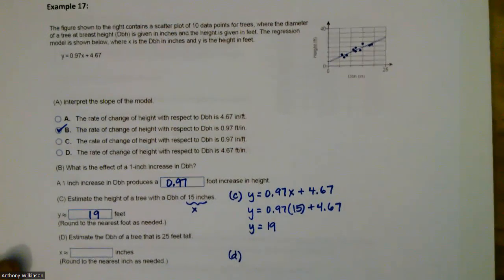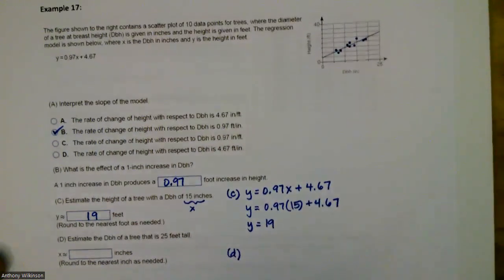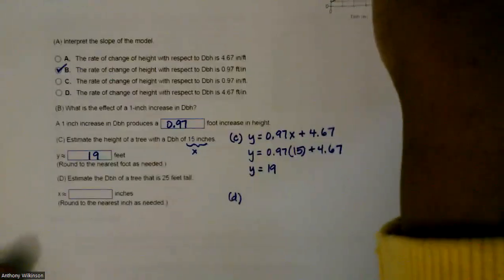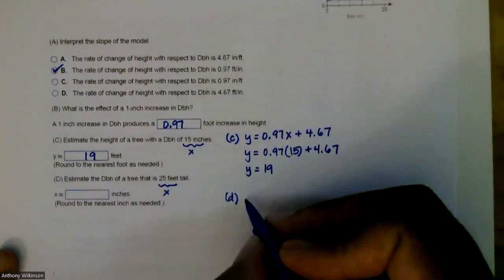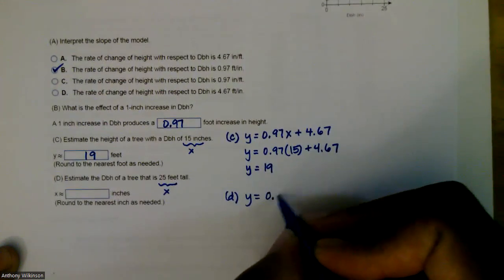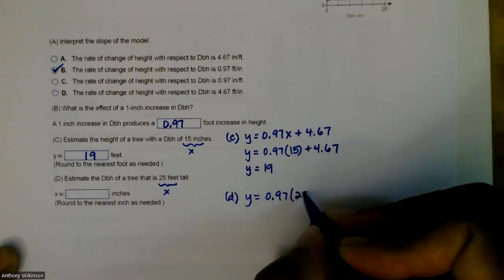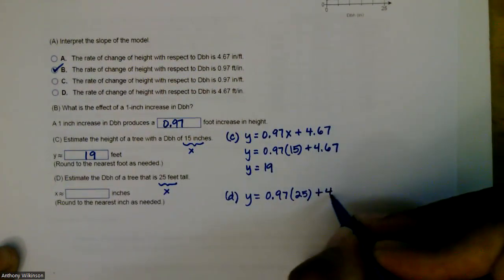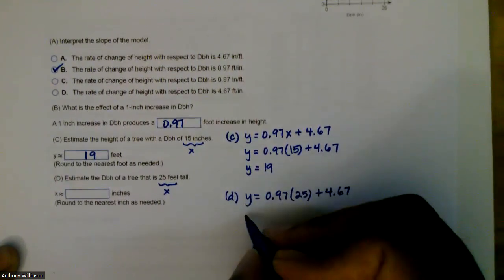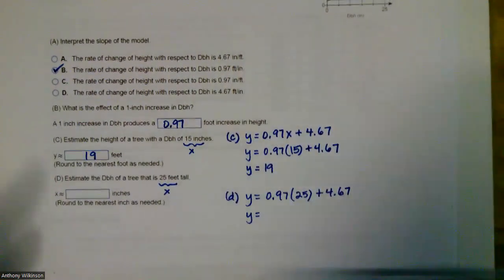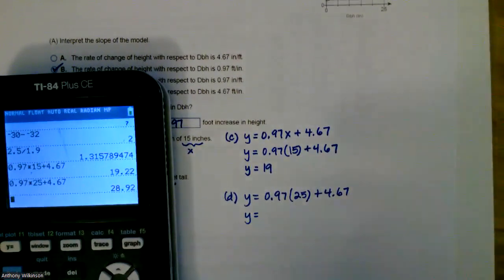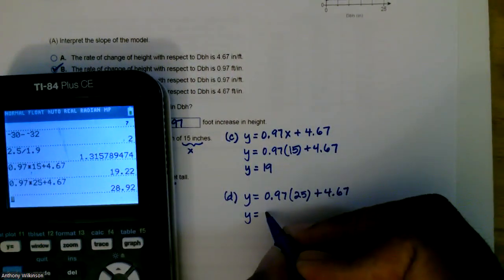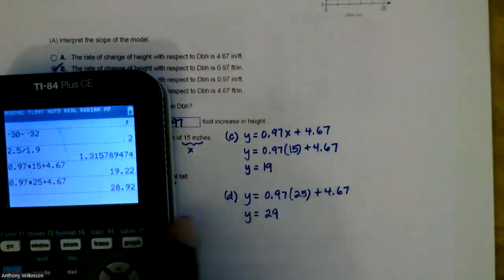And estimate the dBH of a tree that is 25 feet tall. So X in this case is going to be 25. So it'd be y is equal to 0.97 times 25 plus 4.67. So it'll be 0.97 times 25 plus 4.67 will give us approximately 29.